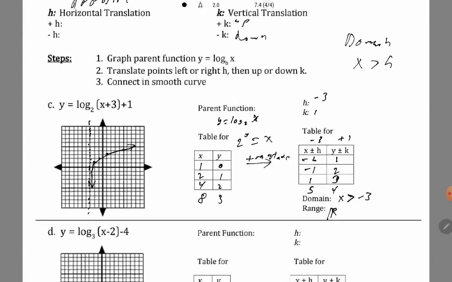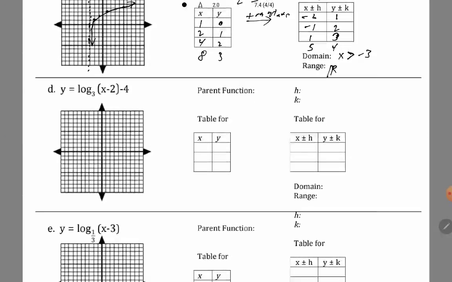Okay, let's move to the next one. So the parent function, we're using 3 to the y equals x, because this is base 3. So I'm going to plug in values 0, 1, and 2. So I get 1, 3, and 9.